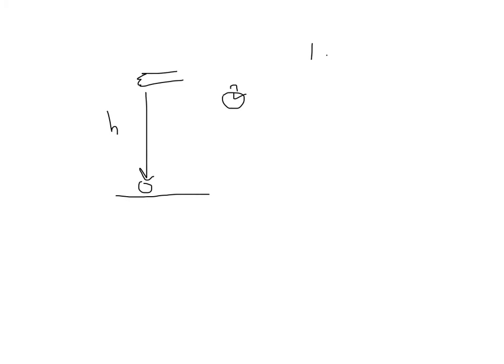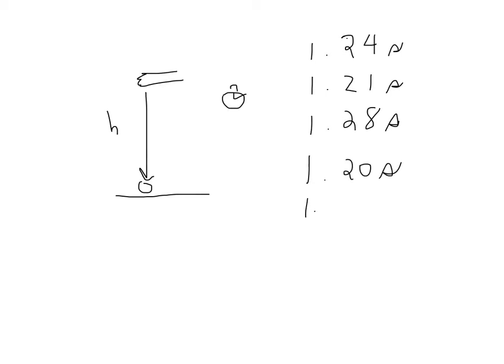The first trial, my reading is 1.24 seconds. And the next time it's 1.21 seconds. Then it's 1.28 seconds, right? You sort of see what's going on here. 1.20 and 1.29, let's say. Actually, let's give one more, 1.30.